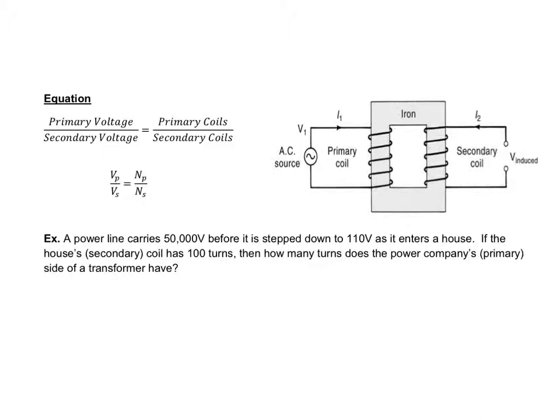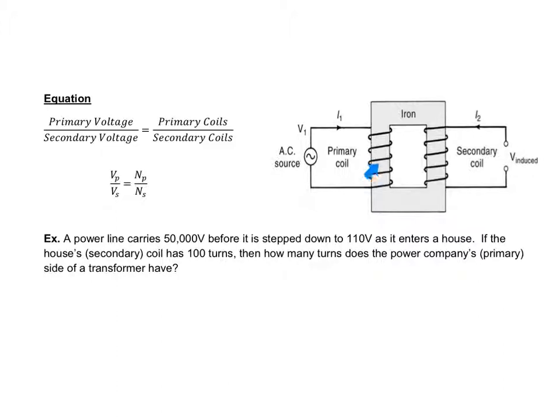If we're reading this from left to right, the left side is known as my primary coil, and the right side is known as my secondary coil. You'll notice that on the left side, I've got 1, 2, 3, 4, 5 coils, and on the right, I've got 1, 2, 3, 4, 5 also.